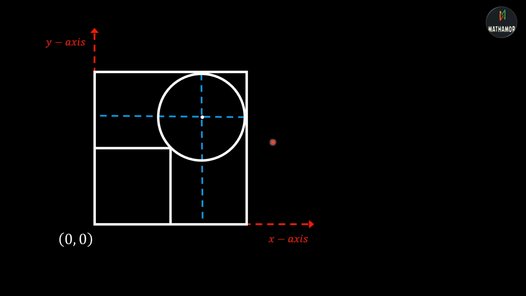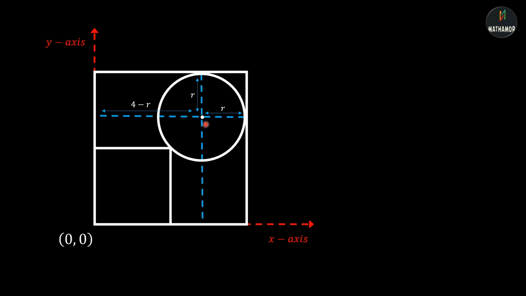Okay, so now we know that this line is a radius, and this is also a radius. Now we have to find the distance of this point from the y-axis and also from the x-axis, and then we will get the coordinates of this point. As we know this side is 4 and this is r, we get this side as 4 minus r, and this is the distance of this point from the y-axis.